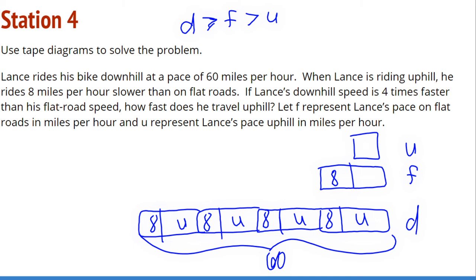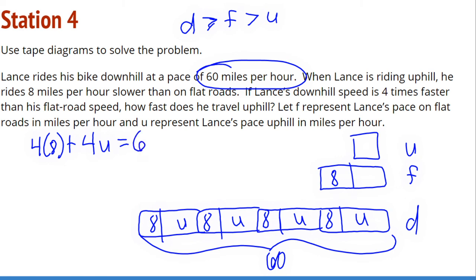And all of that together is going to be 60 miles an hour. So looking at this, I've got 4 8s, and I've got 4 of the uphills. And that's going to equal his downhill speed, which it says is 60 miles an hour.